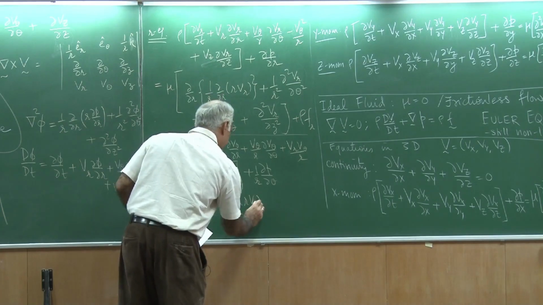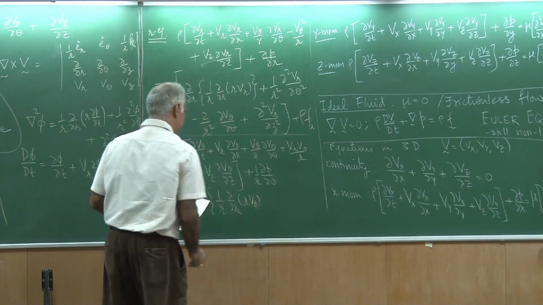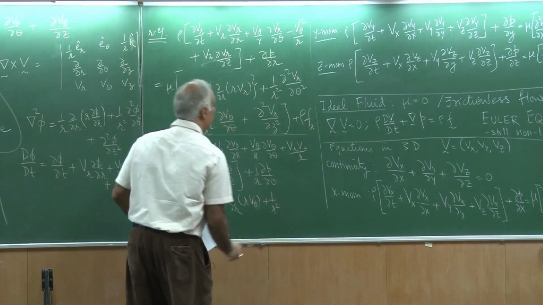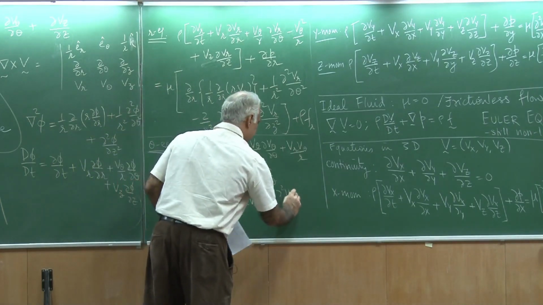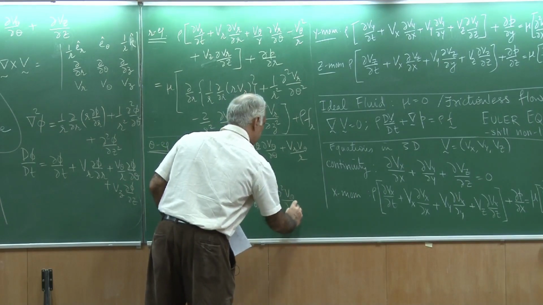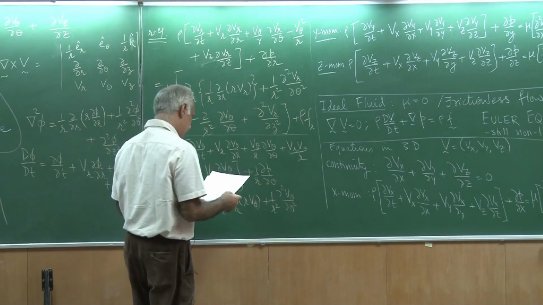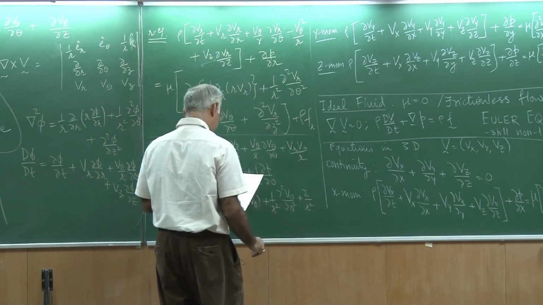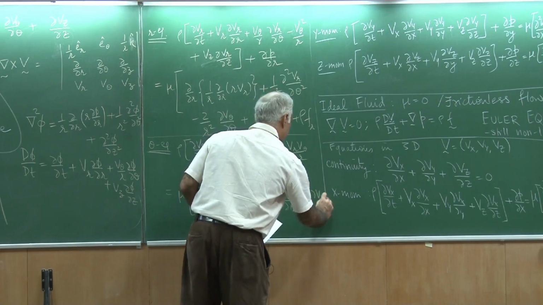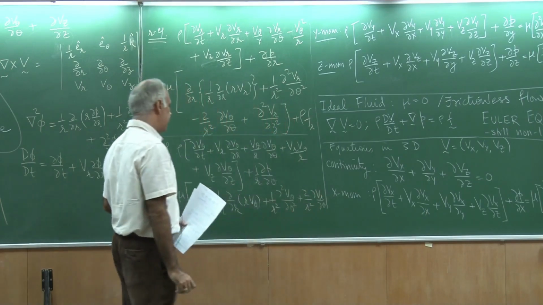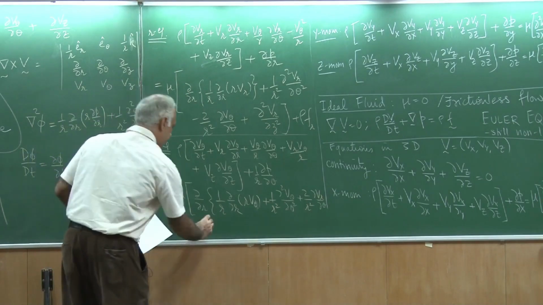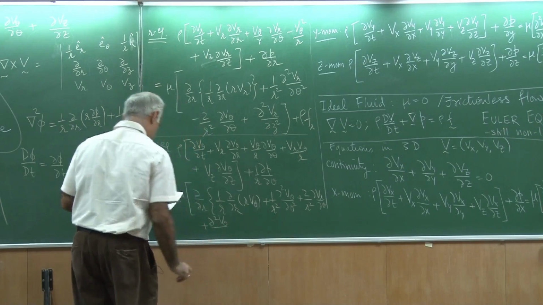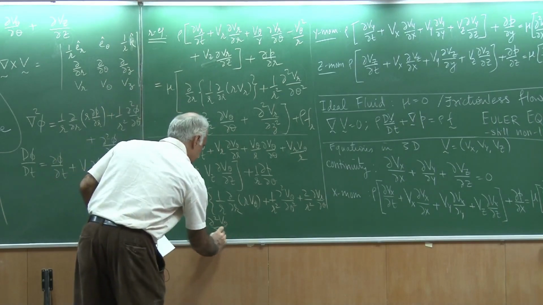This would be theta, r v theta, because we are worrying about the theta direction, plus 1 by r square del square v theta by del theta square plus 2 by r square del v r by del theta plus del square v theta by del z square.